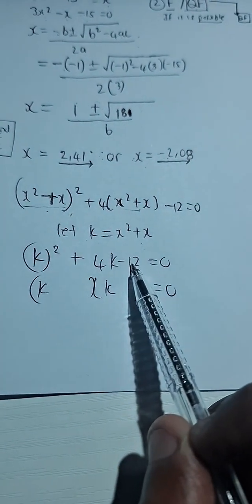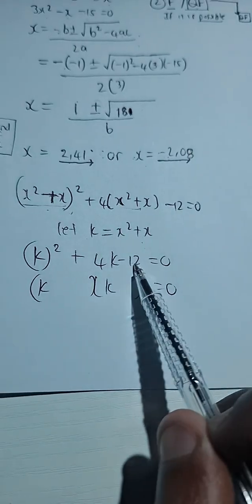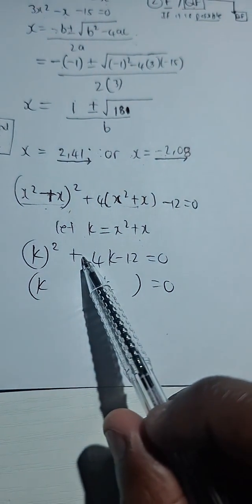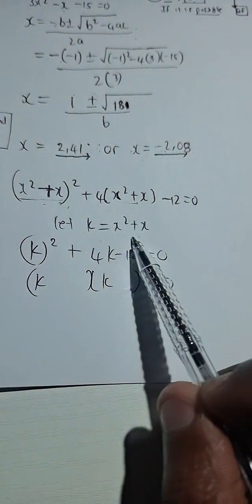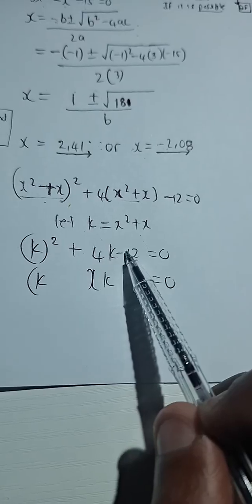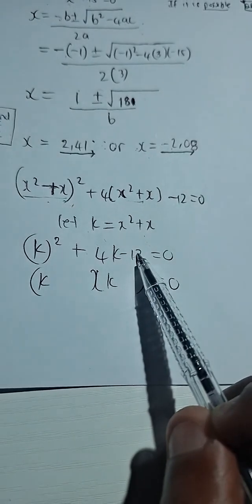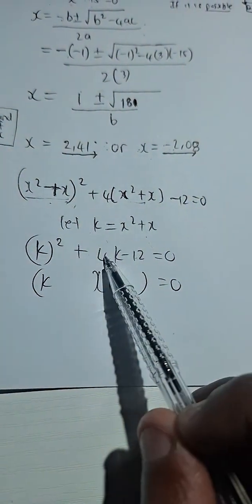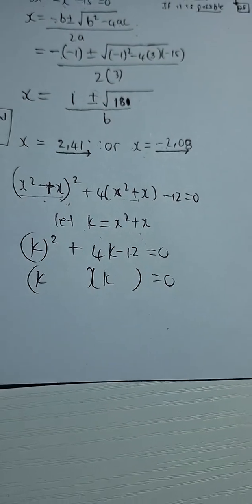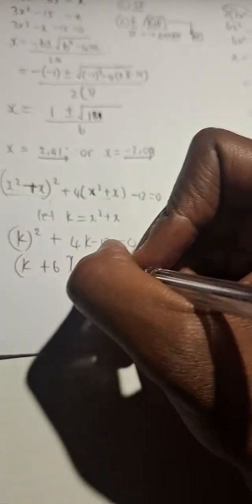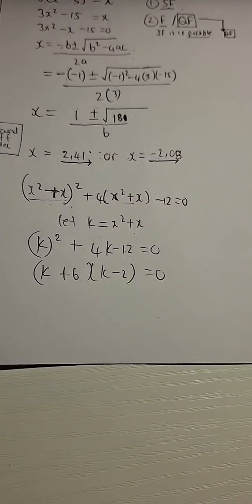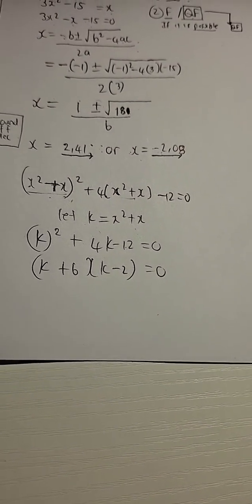When we multiply, they must give us negative 12. But then when we add, we must get who? Positive 4. Catherine is so aware: the factors are positive 6 and negative 2.